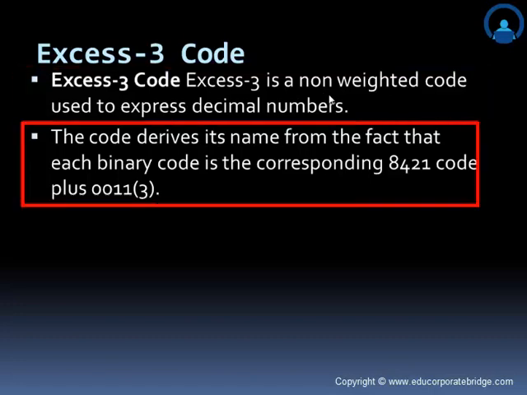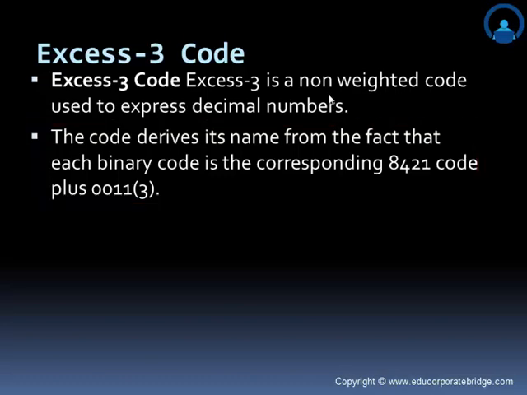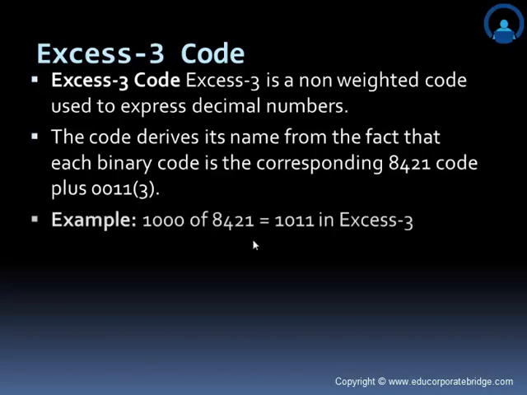The code derives its name from the fact that each binary code represents its corresponding 8421 code plus 3. As I told you previously, if we add 3 to any binary number, it gives an XS3 code. That is, if 0 is added with 3, the result is the XS3 code of 0, and so on.